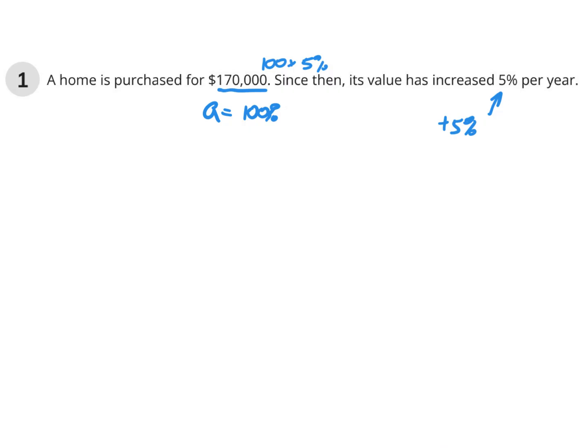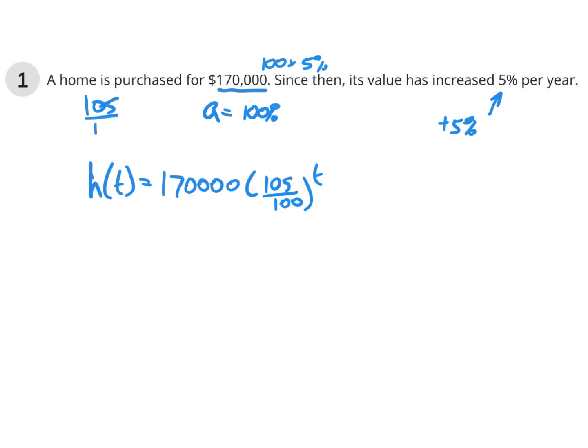So our proper exponential equation is going to be, I don't know, home as a function of time is our start amount, our growth rate, that's $170,000, times 105 over 100 to the t power, where t stands for time, but we usually use x because you put x into the calculator. So 105 divided by 100 is 1.05.